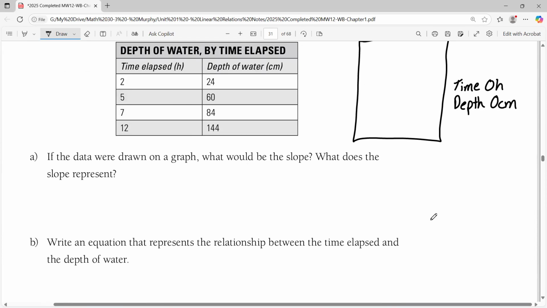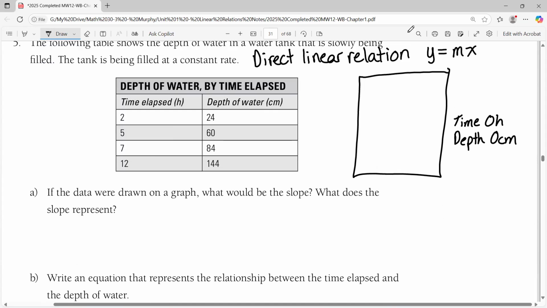If the data were drawn on a graph, what would be the slope and what does the slope represent? Okay, so slope is m, and because it starts at 0 and 0, we can just go y over x, which is also the same as rise over run.